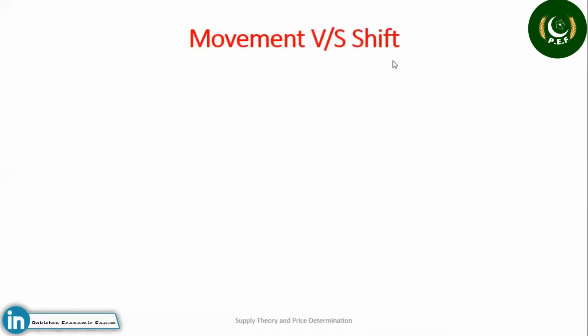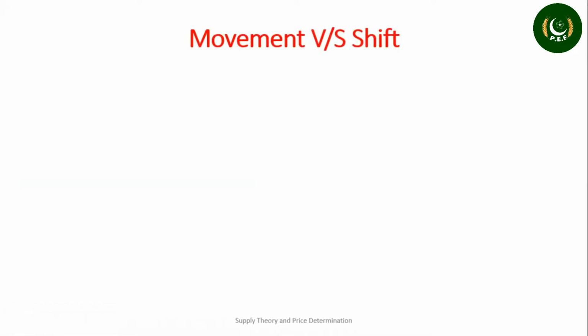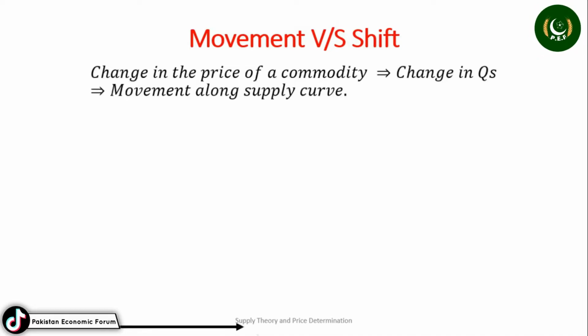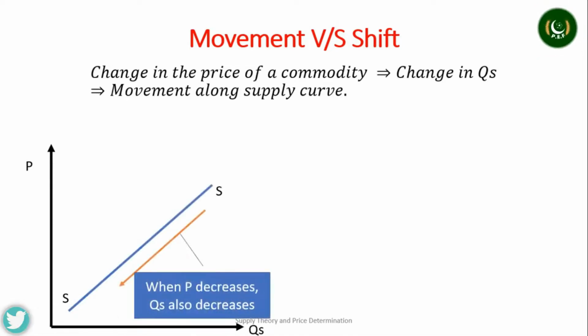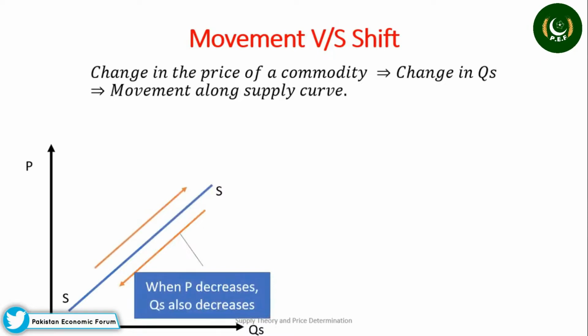Now let's discuss the difference between movement along the supply curve and shifting of the supply curve. Again, this concept is similar to what we studied in the lecture on demand. If a change in the price of the commodity brings a change in the quantity supplied, we move along the same supply curve.